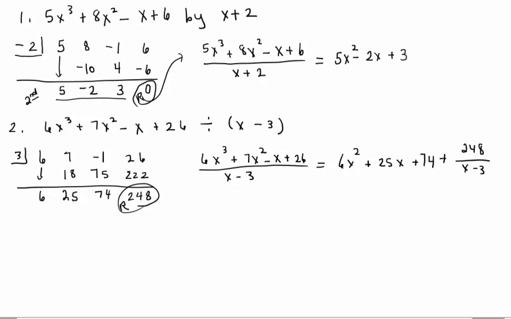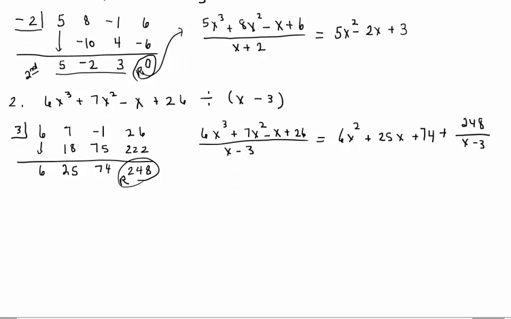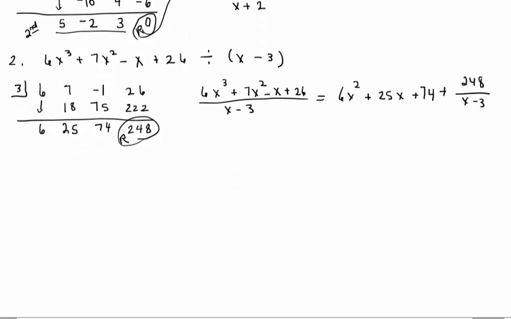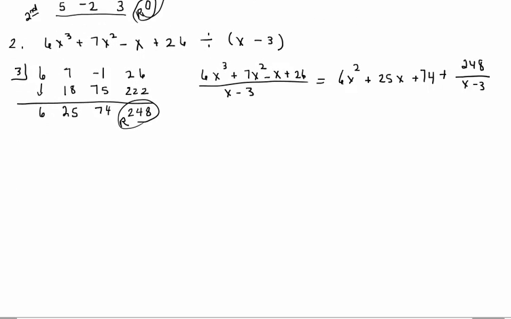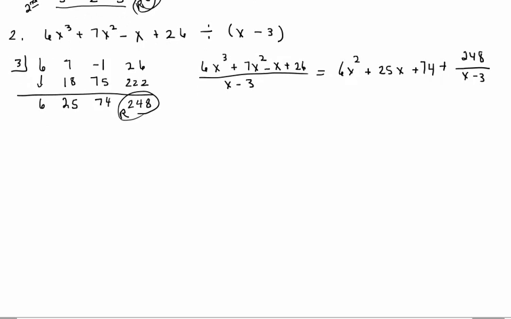Okay, you're probably getting the hang of it, so let's bring in another problem where we have something just slightly different to see how we would handle that situation. Yeah, we're going to do synthetic division.